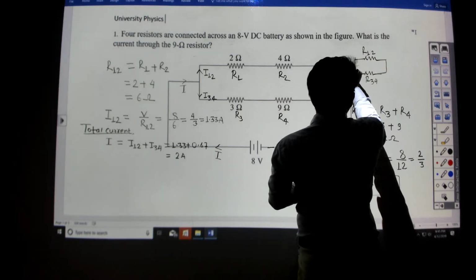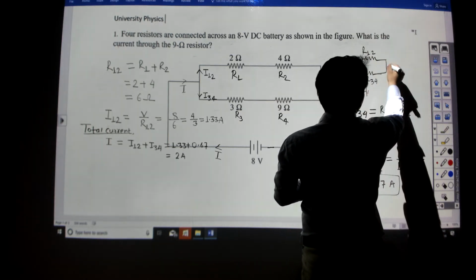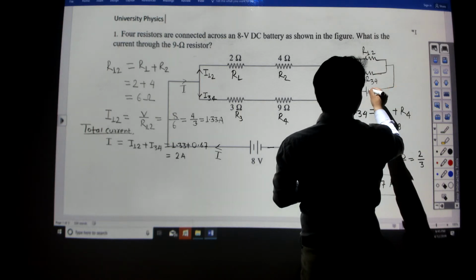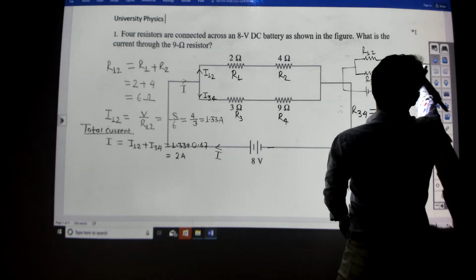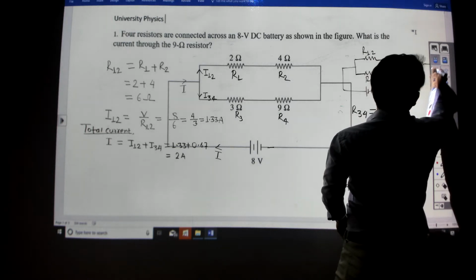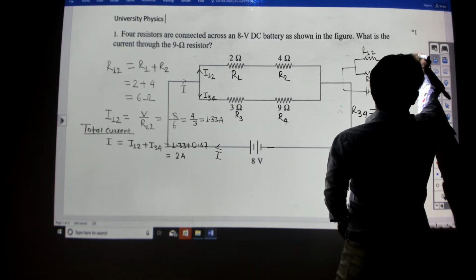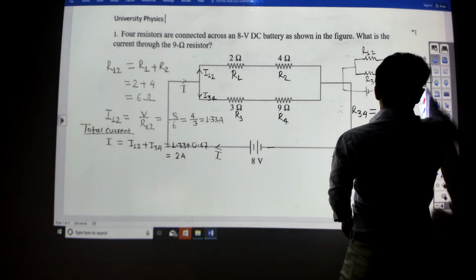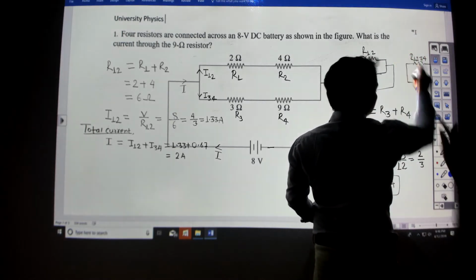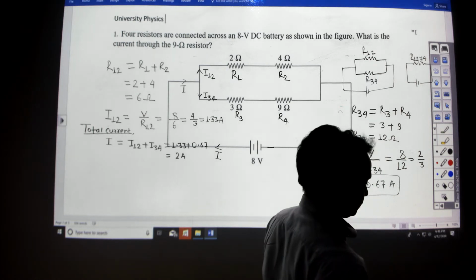And now you have a potential of 8 volt. And again, I can replace this by one single resistor and then apply the potential. This is R1234. This one is called the combined effective resistance.